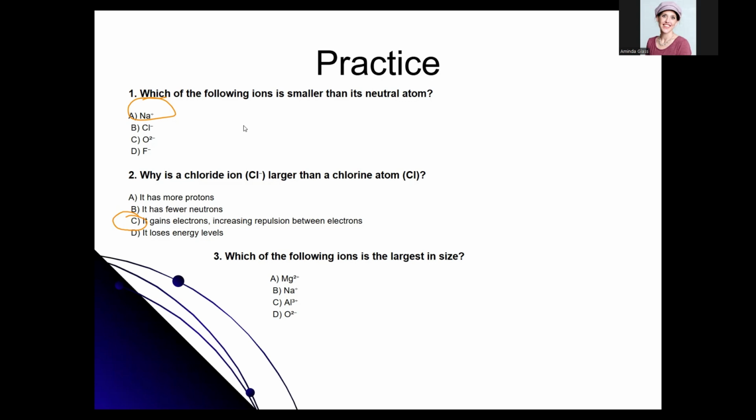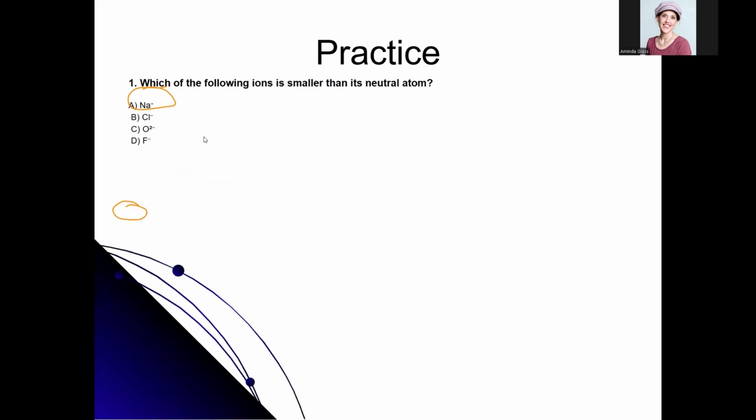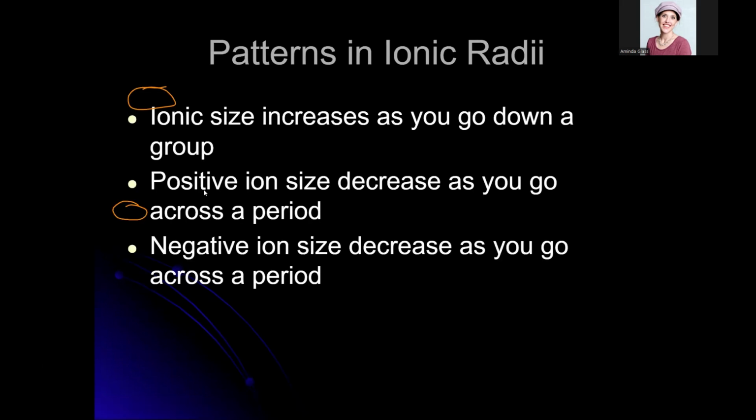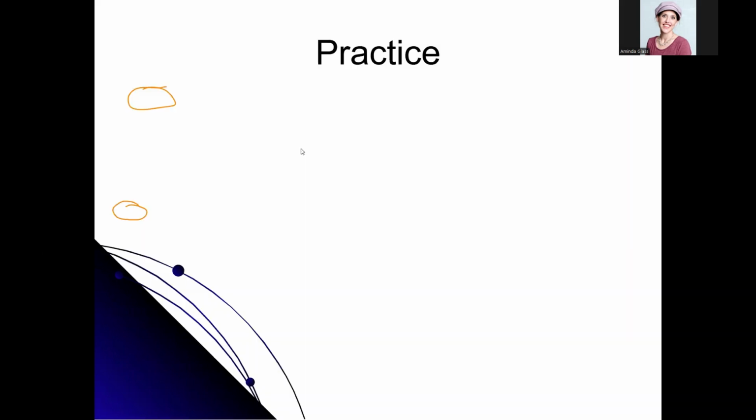Which of the following ions is the largest in size? To do this, we'll need to look at the periodic table to see where things are. And remember this. Positive ion size decreases as you go across the periodic table, and negative ion size decreases as you go across the periodic table, but ionic size increases as you go down a group.